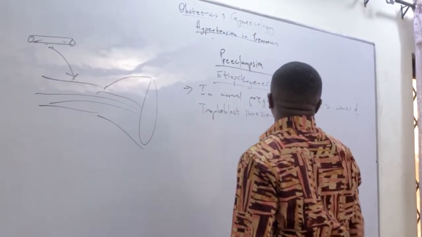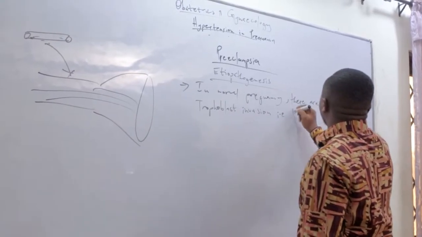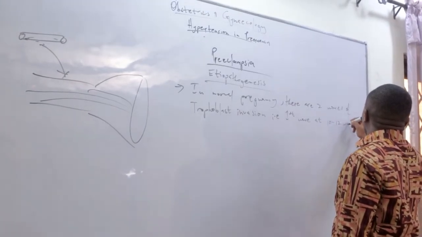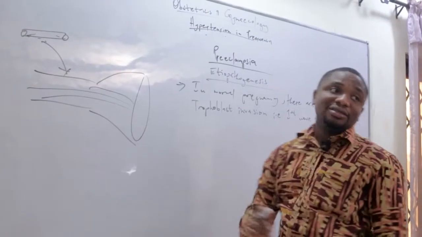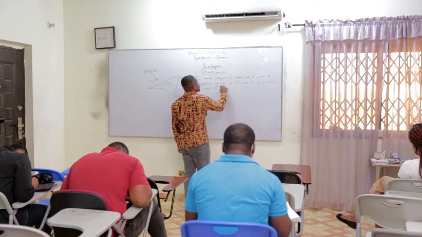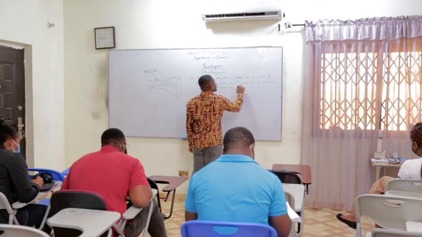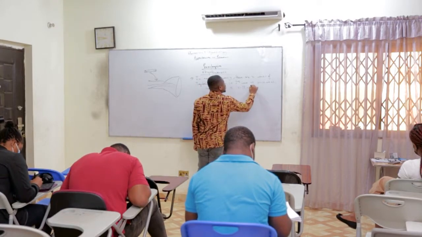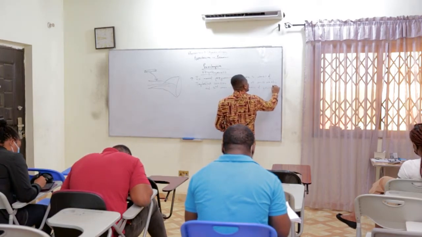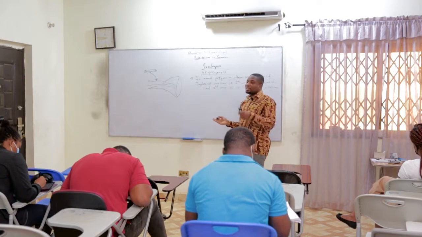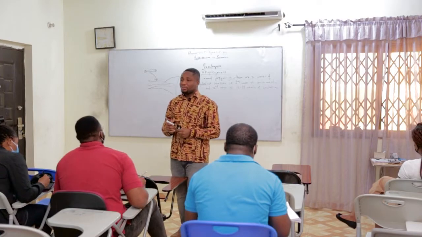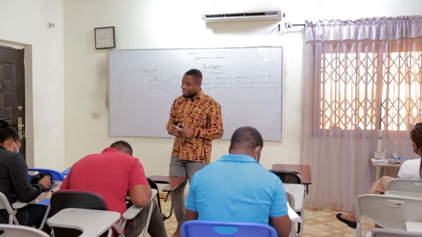Okay, that is the first wave at 10 to 12 weeks, and that will be in the first trimester, and the second wave at 16 to 18 weeks. And I said at 16 to 18 weeks of gestation, and I told you in some places, it is 18 to 20 weeks. So the ideology is that trophoblastic invasion should be completed before 20 weeks. Are we getting that? It should be completed before 20 weeks.